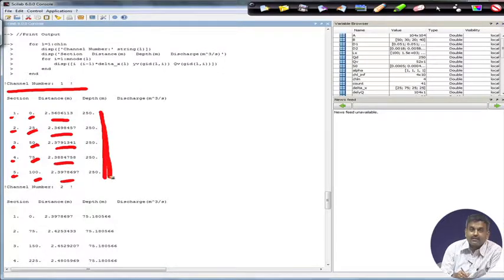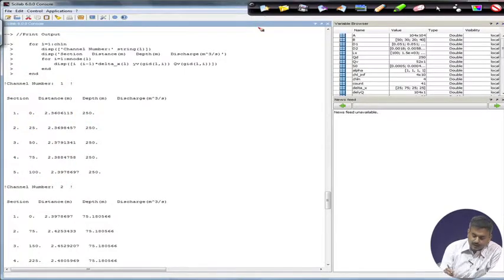Obviously, this discharge we have not directly provided at distance 0, which is our entry point or inlet point. So, indirectly we are getting this 250 meter cube per second value.